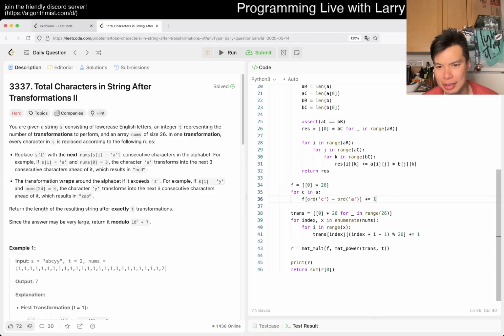I want to write it like this, right? Nope. How did I write it? Why does this look so weird?